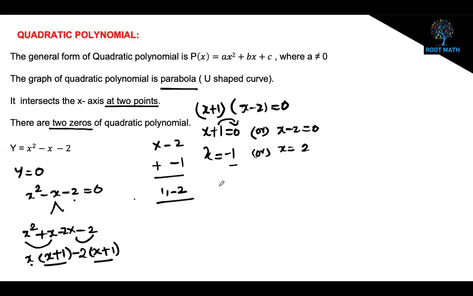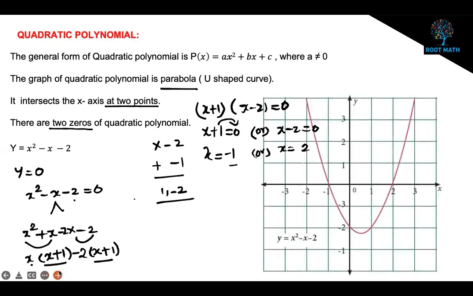That means negative 1 and 2 are the two zeros of this polynomial. Let's check with the graph. You can see here in the U-shaped curve, the curve is intersecting at negative 1 as well as at 2. So these two are the zeros of the quadratic polynomial. So where the curve is intersecting the x-axis, those particular points are known as the zeros of the polynomial.